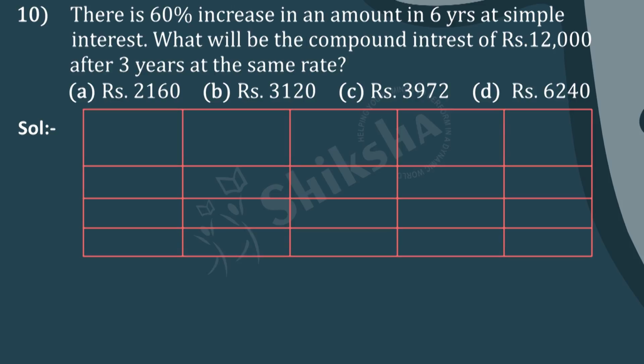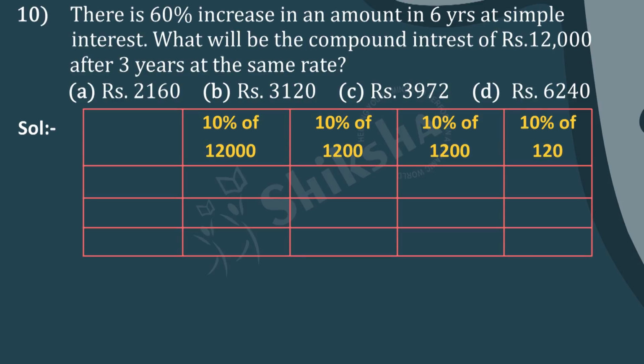So for the first year we take 10% of 12,000, that is 1,200. For the second year we take 10% of 12,000, that is 1,200, and 10% of 1,200, that is 120.